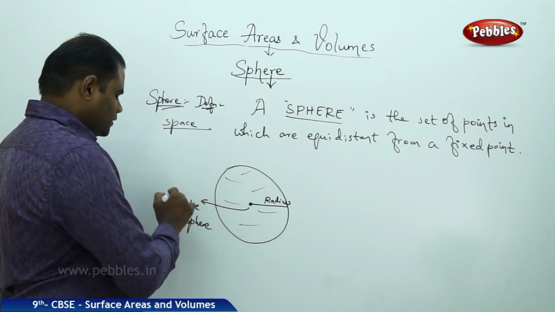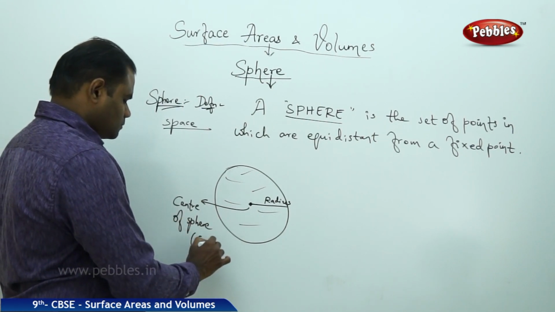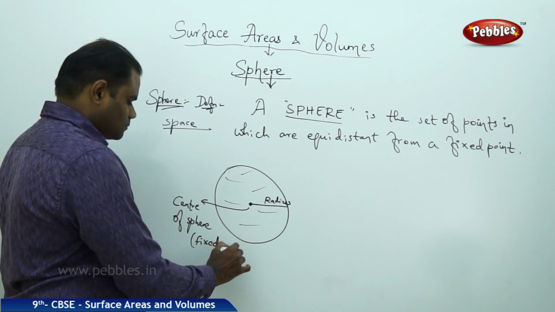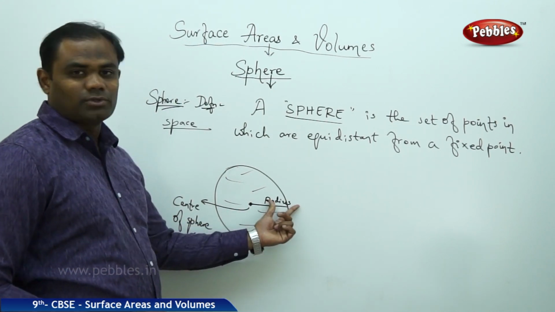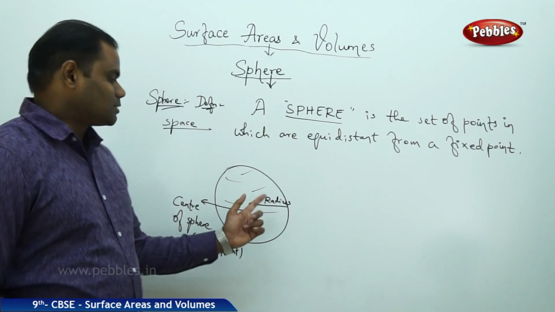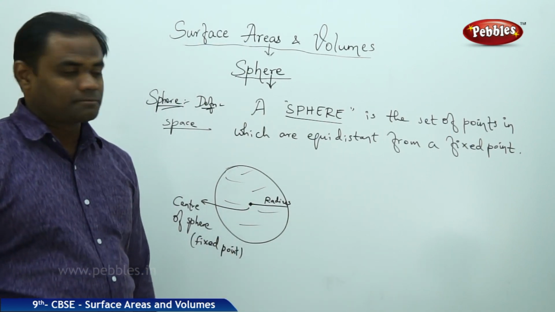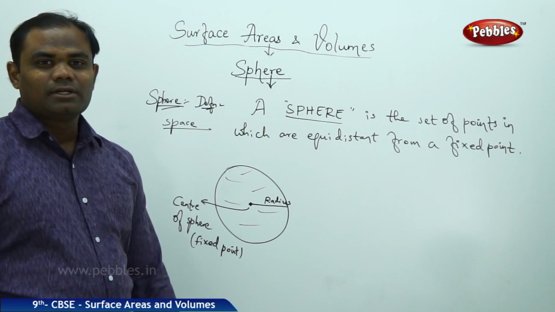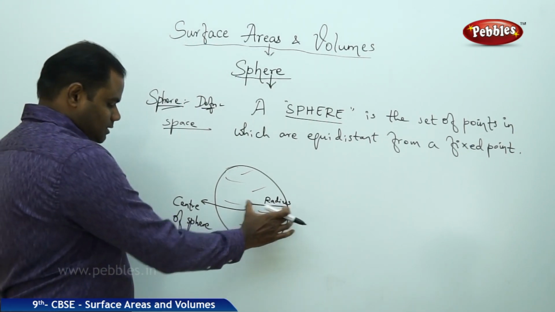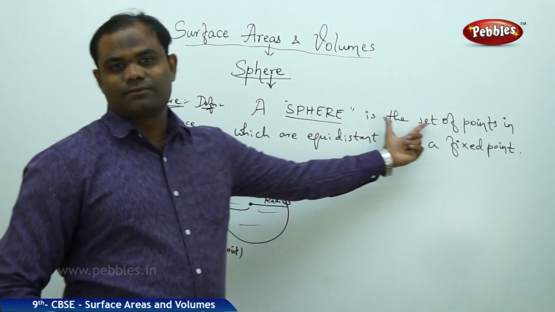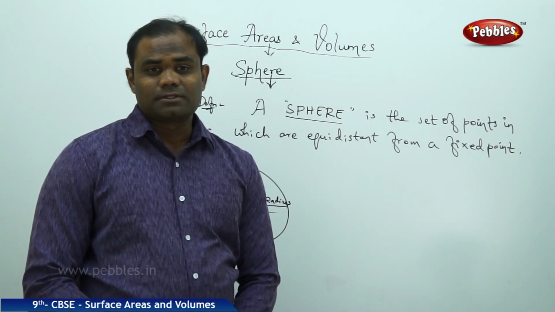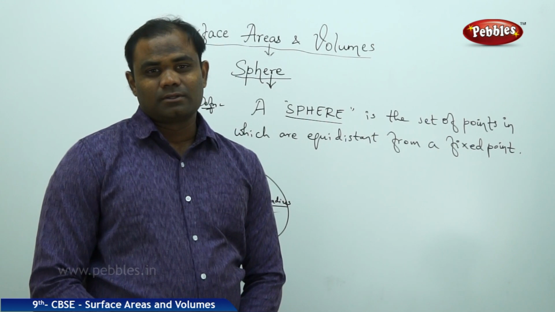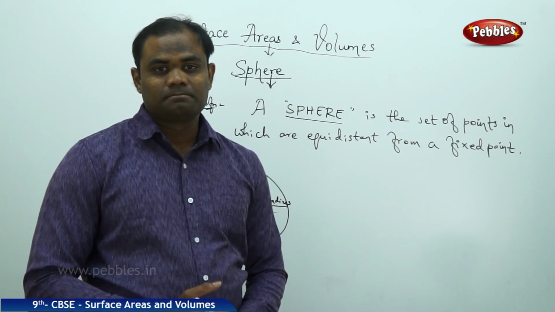So the fixed point is called the center, and the distance from the fixed point to any point on the set of points is called the radius. This is how we understand a sphere, whose radius and fixed point define a sphere. The set of points in space which are equidistant from a fixed point is called a sphere.